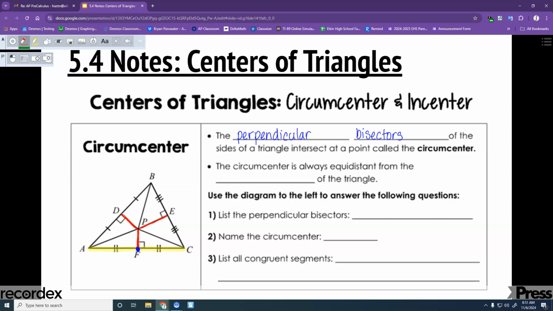So all 3 of those are our perpendicular bisectors. And if you make the perpendicular bisectors of all 3 sides, they will always meet at one point. In this case, it is point P, and that is your circumcenter. Okay?